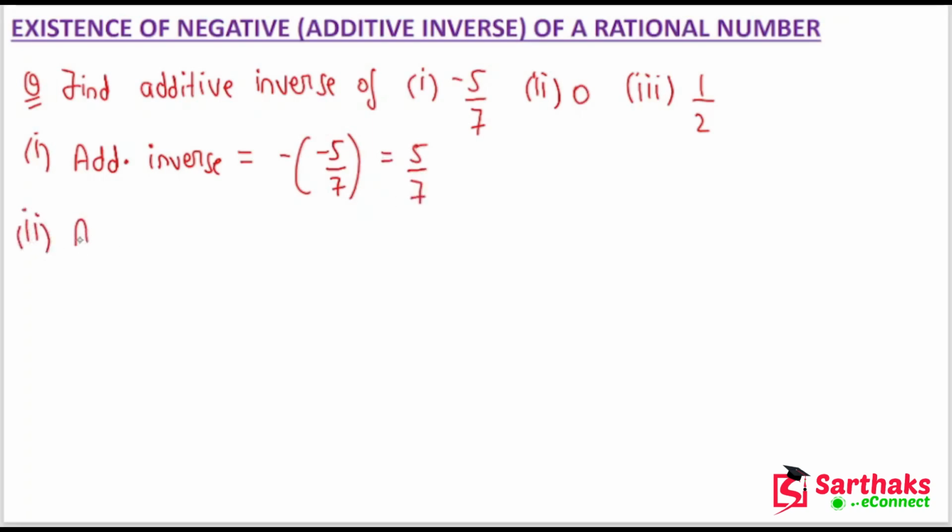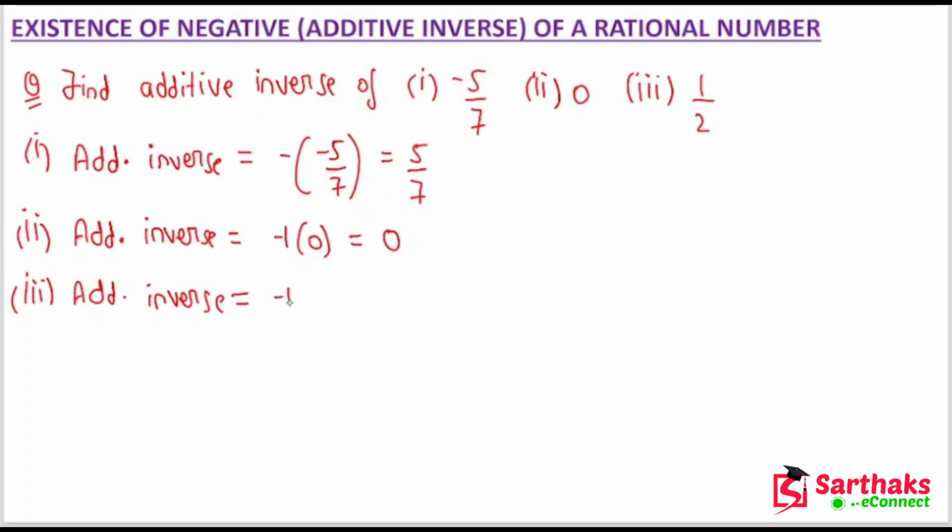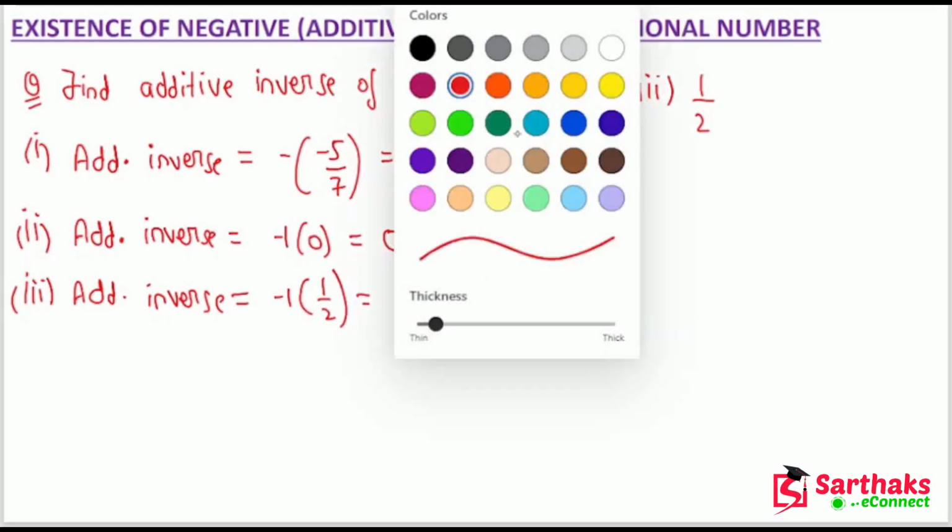For second part, additive inverse is equal to minus 1 into 0, which is again equal to 0. So you can note it down that 0 is the additive inverse of itself. For the third part, additive inverse is equal to minus 1 into 1 by 2, which is equal to minus 1 by 2. So minus half is the additive inverse of half.